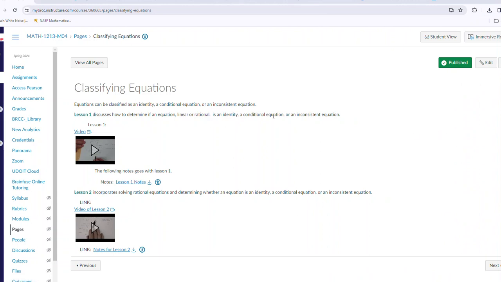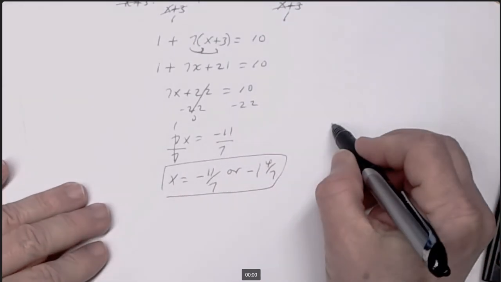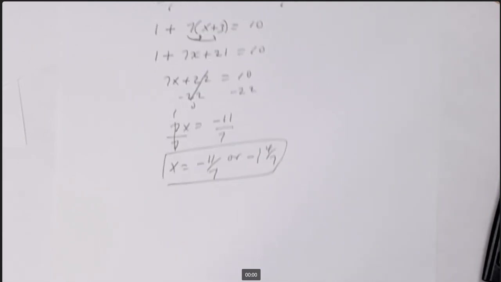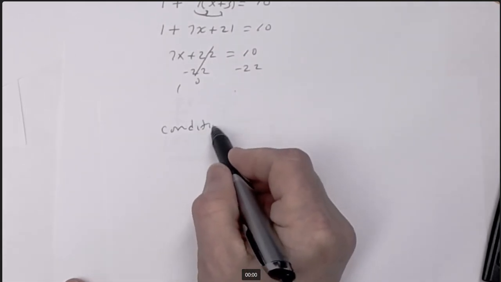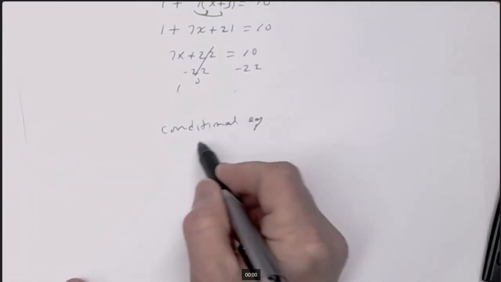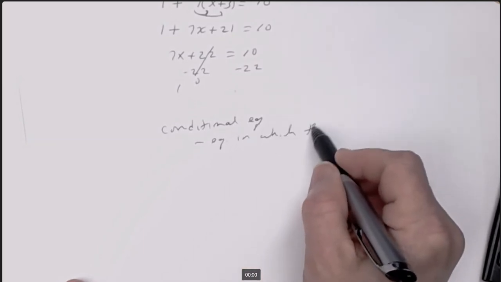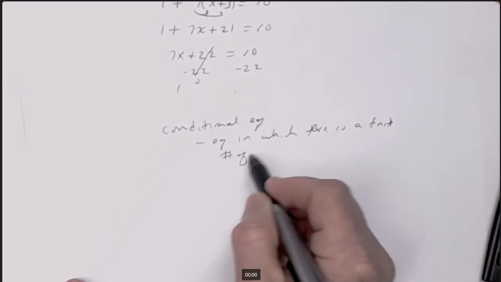All right, so a conditional equation is an equation in which there is a finite number of solutions. So that's one way to think about it. Finite means you can count.